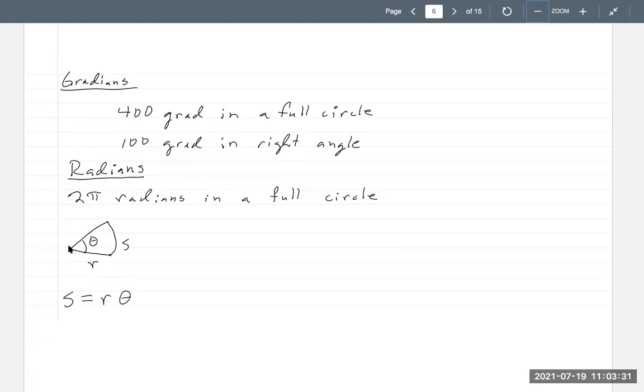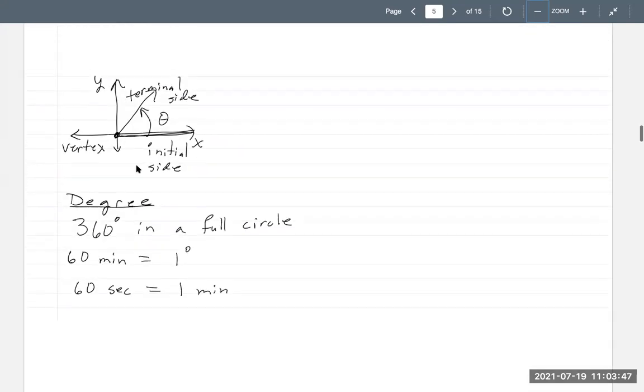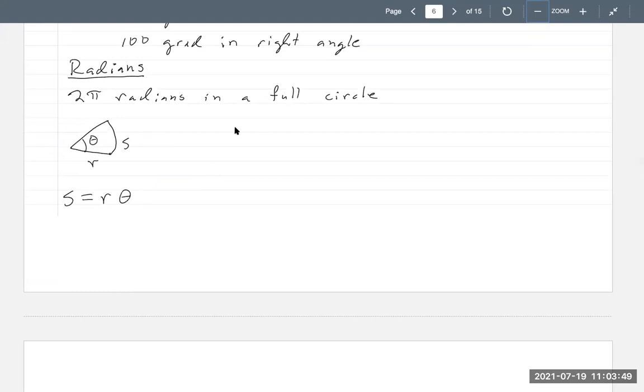Next, if I look at a sector, meaning I take a full circle and slice it into a little piece, say we have a pizza pie here and we slice it into some pieces. This is a slice of pizza. We measure the radius of the pizza and its arc length.